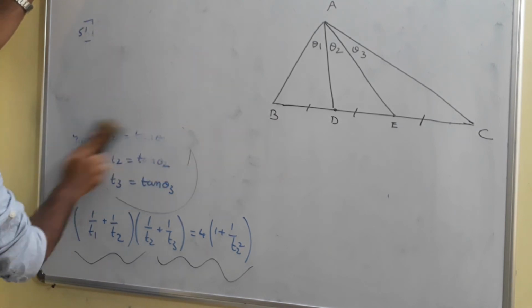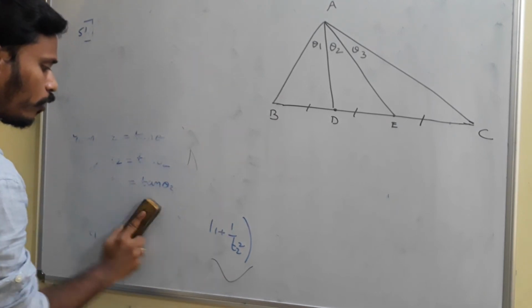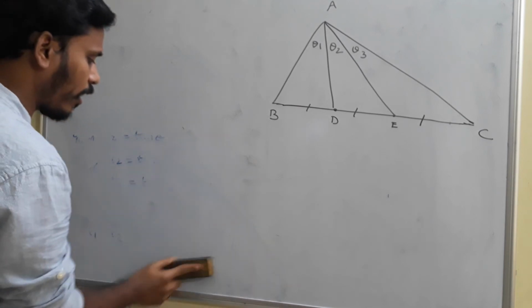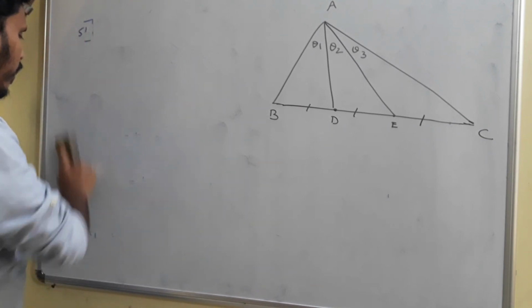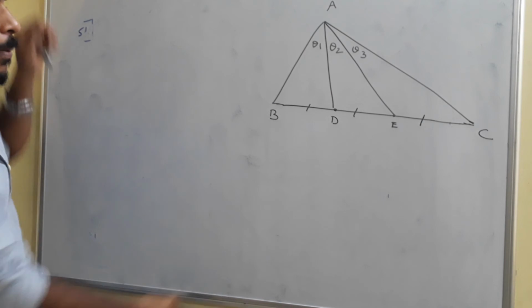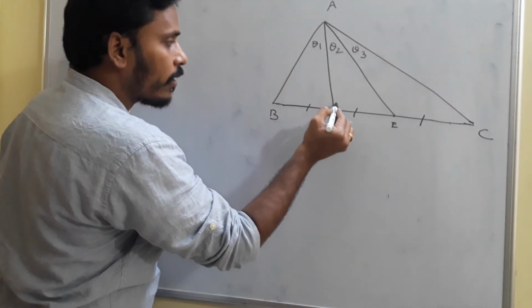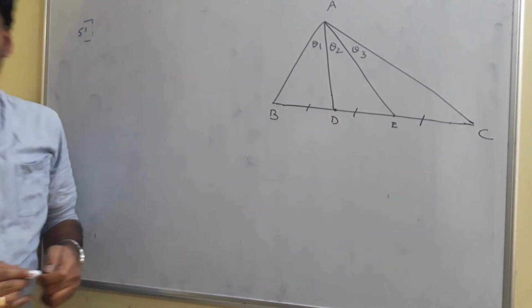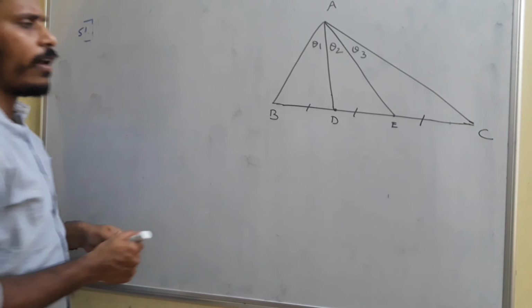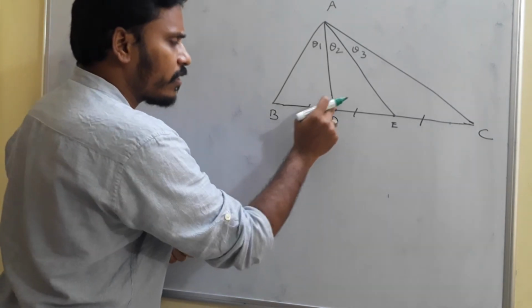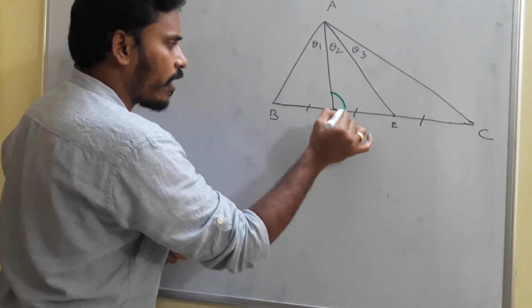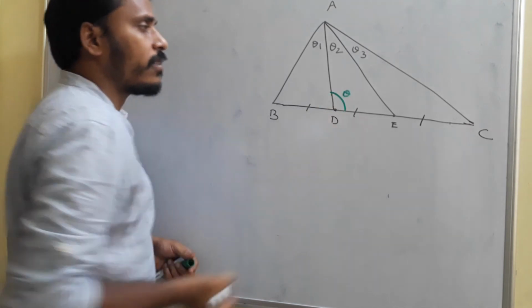To use the m-n theorem, somewhere we need to mark theta, and by marking that theta, we need to apply the m-n theorem. And that's why I will just mark this particular angle as theta. Either this angle or this angle, no problem, but here I am marking this angle as theta.